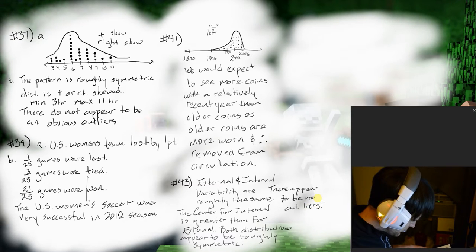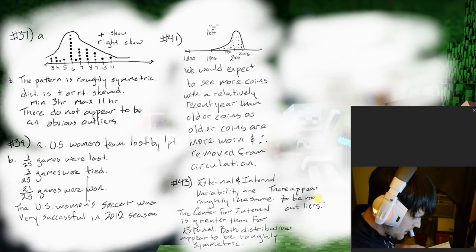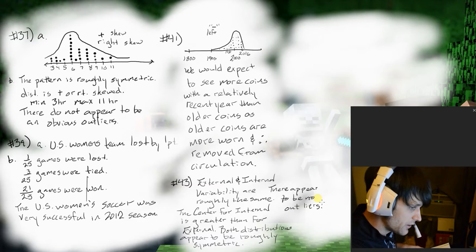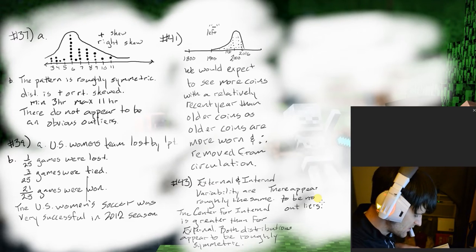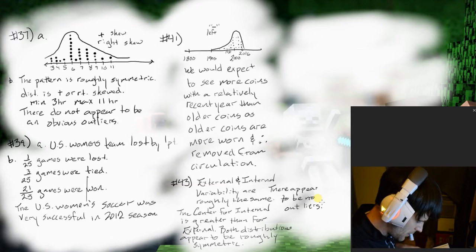Alright, that'll do it for that particular problem. Our next problem is 45, and we're finally looking at a stem and leaf plot. Here we have a stem and leaf plot for residents aged 25 to 34 in all 50 states.